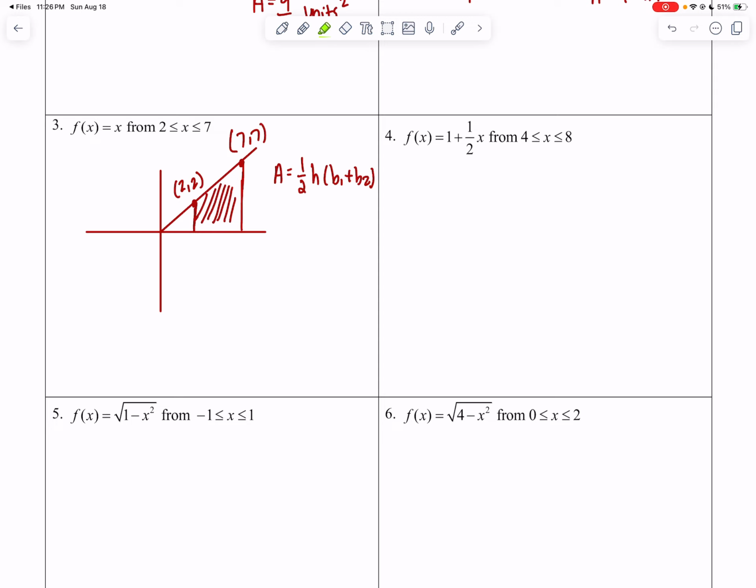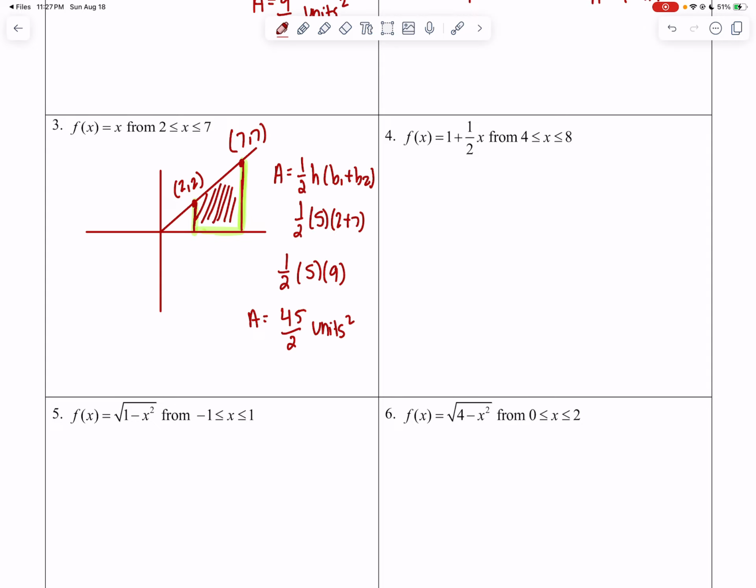Looking at my 2 bases, it's just going to be 2 and 7. So that's going to be my vertical distance right here. And then my height is going to be my horizontal distance from 2 to 7. So that's going to be 5. So 5, 2 plus 7, 1/2, 5, 9. So this is going to tell me that my area is 45/2 units squared.